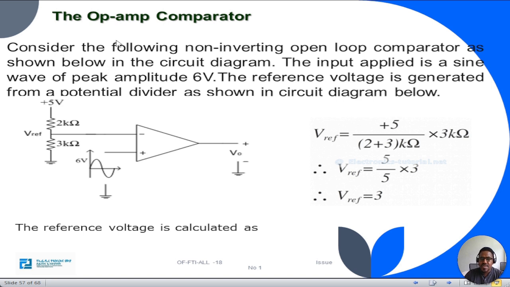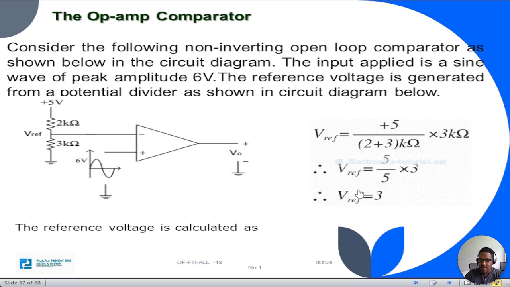So consider the following non-inverting open loop comparator as shown in the circuit diagram. The input applied is a sine wave of peak amplitude 6 volt. So our input is 6 volt. The reference voltage is generated from a potential divider as shown in the circuit diagram below. When it determines this V reference, that is VCC multiplied by 3K, that is R2 over R1 plus R2.